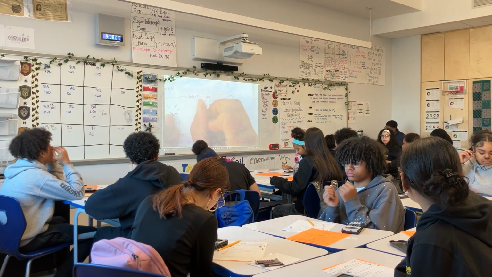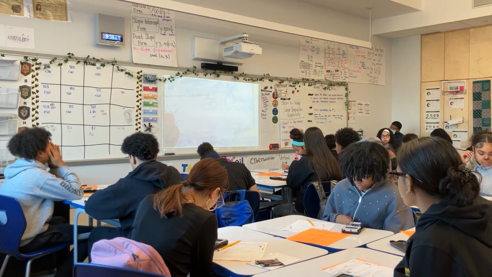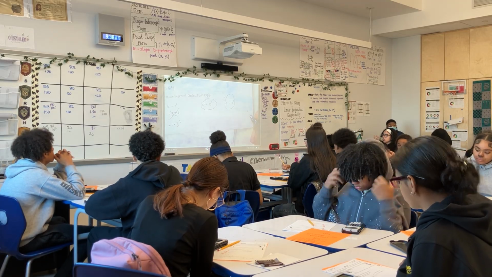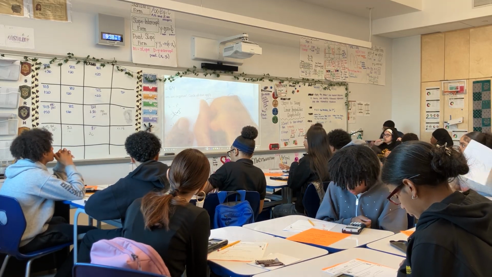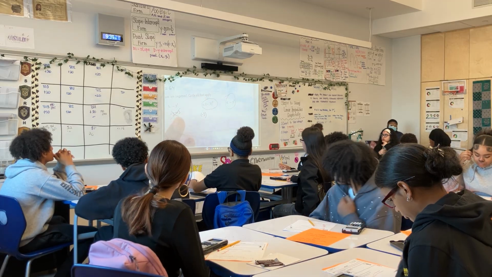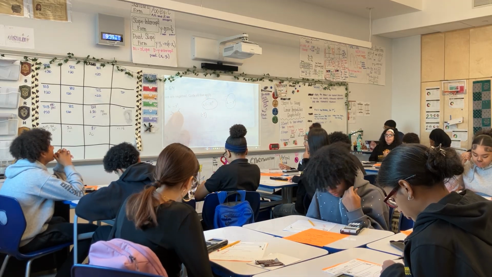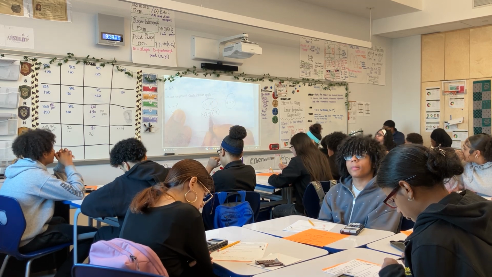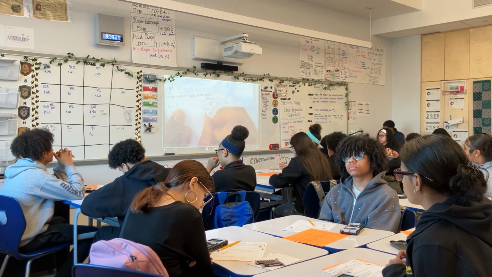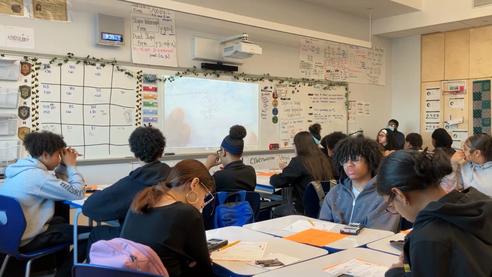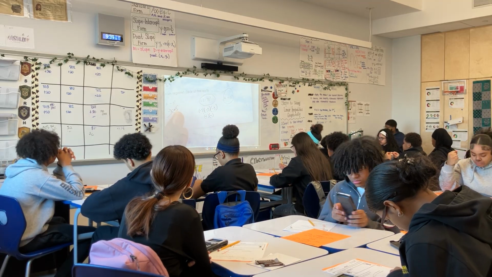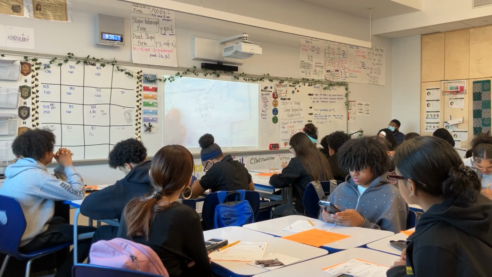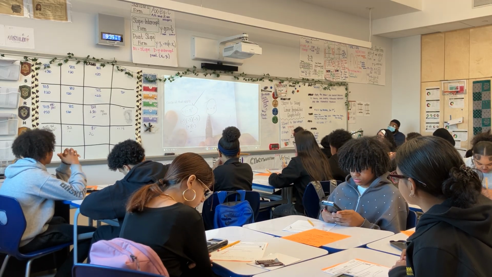So my base here, should I use parentheses for my base or no? Yes. How many times is negative 3 going to be a factor here? What is a negative times a negative? I don't even need to do the math. What is a positive times a negative? Yep, Angel, nice job.